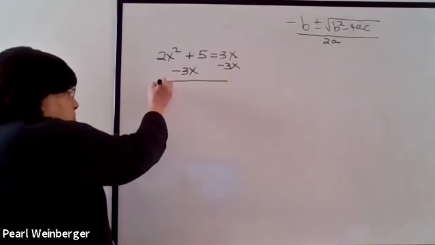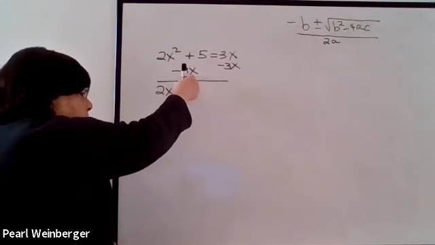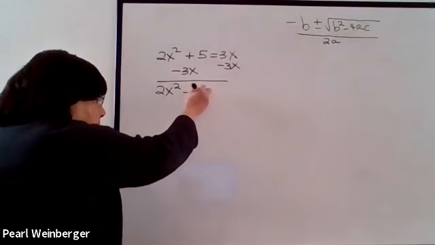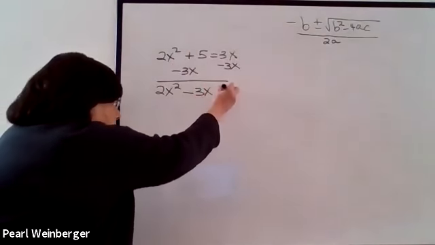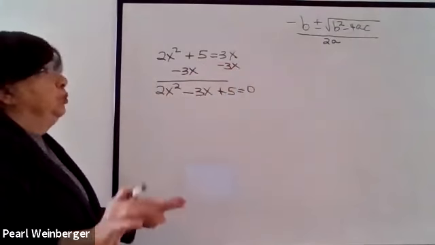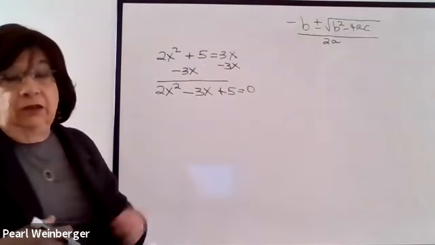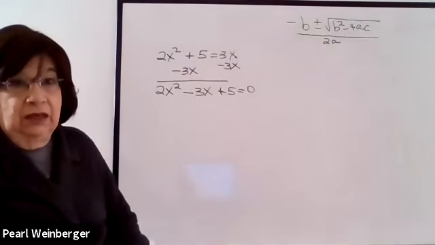Start with the 2x squared, because that's your highest power term. The next thing should be the x term, so it's minus the 3x plus the 5 equaling 0. So first make sure your equation that you're going to solve is in this descending order.